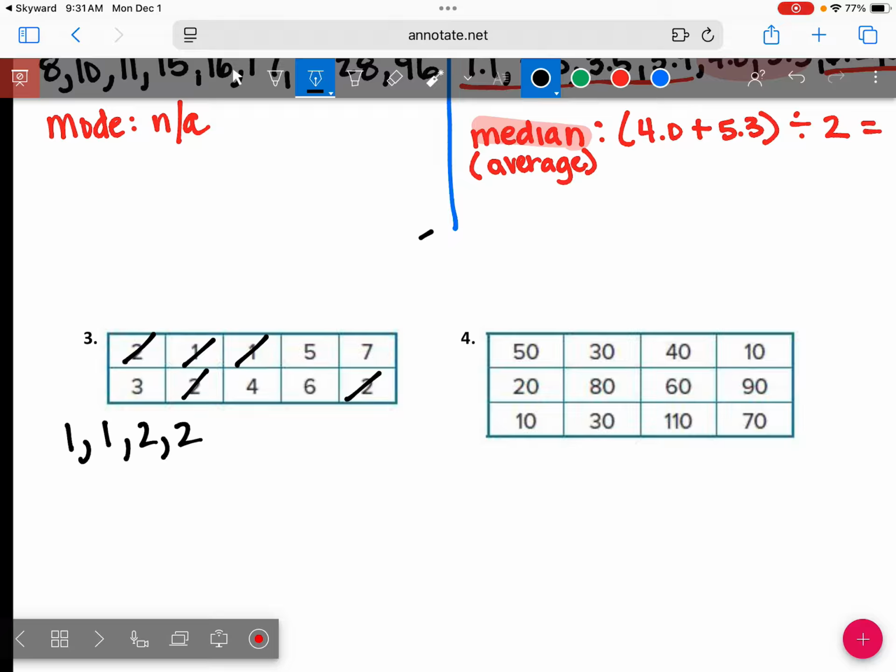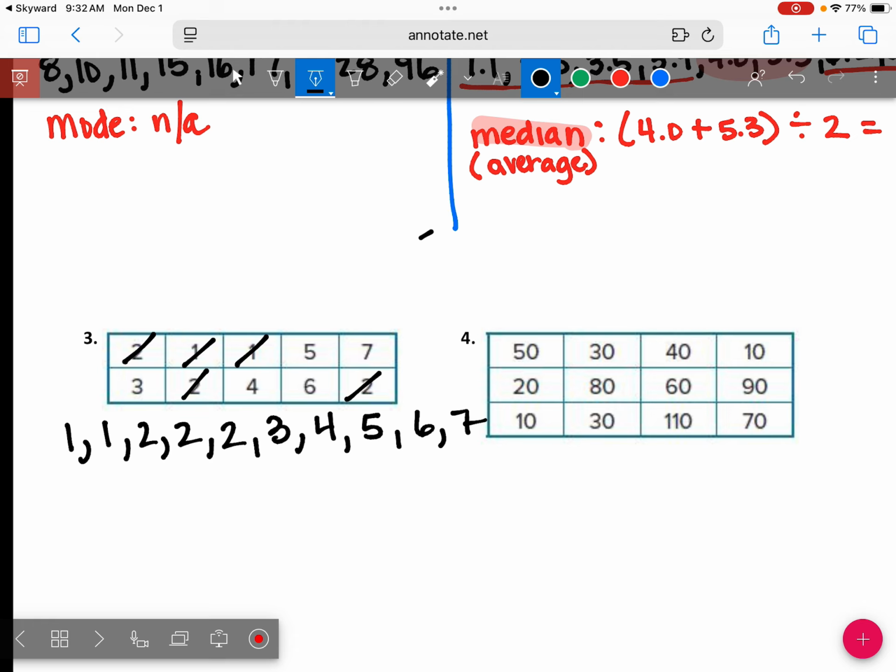No, the 2 occurs 3 times, right? Oh, never mind. See, first period did it wrong. So the 2 occurs 3 times. And then we have a 3, a 4, a 5, and a 6. Okay, let me see. 1, 2, 3, 4, 5, 6, 7, 8, 9. Okay, I messed up something. Oh, 7. Is that all of them? Did I do that right?